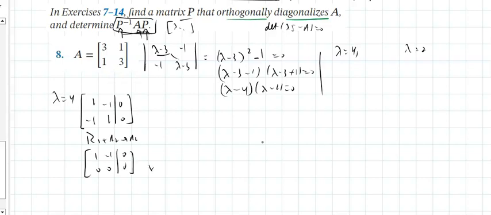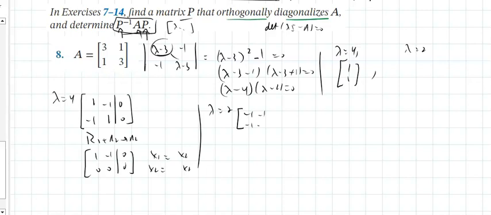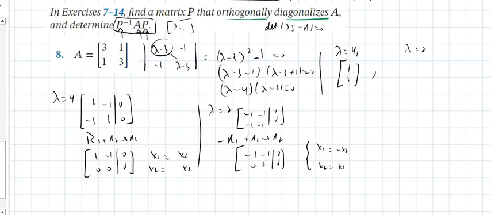So here we could say x2 is free, and x1 is x2. So with lambda equal 4, we get 1, 1. And we're going to take lambda equal 2. By doing that, 3 minus 2 is negative 1, negative 1, negative 1, negative 1, 0, 0. Obviously, if I take negative row 1 plus row 2 and row 2, x2 is free, and x1 is negative x2.